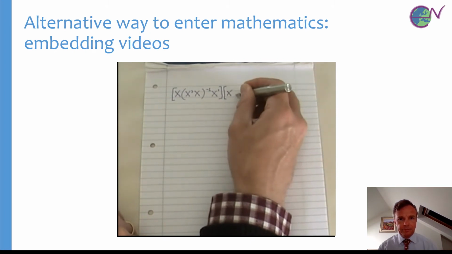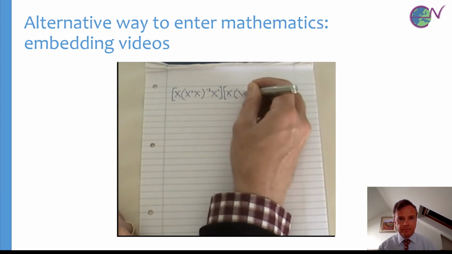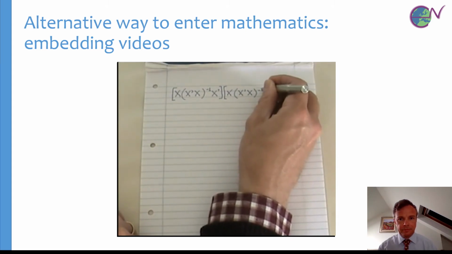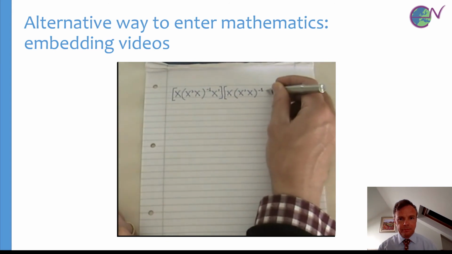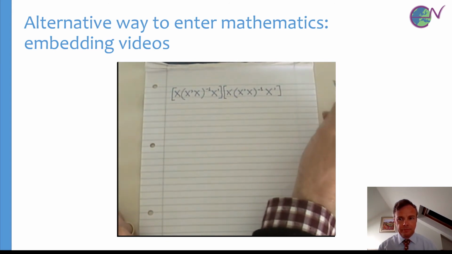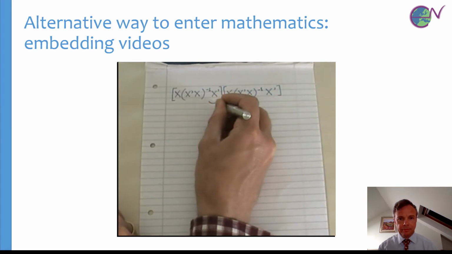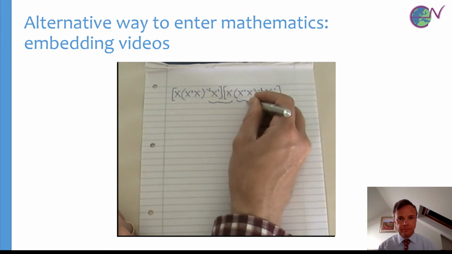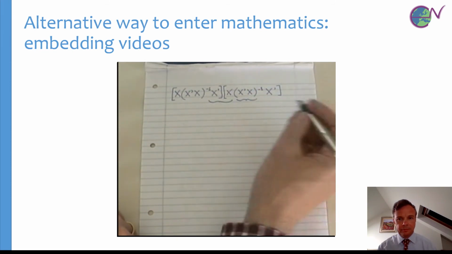Well, let's write it down again. X, the inverse of x prime x multiplied by x prime. The x prime x in the middle cancels with the x prime x inverse.